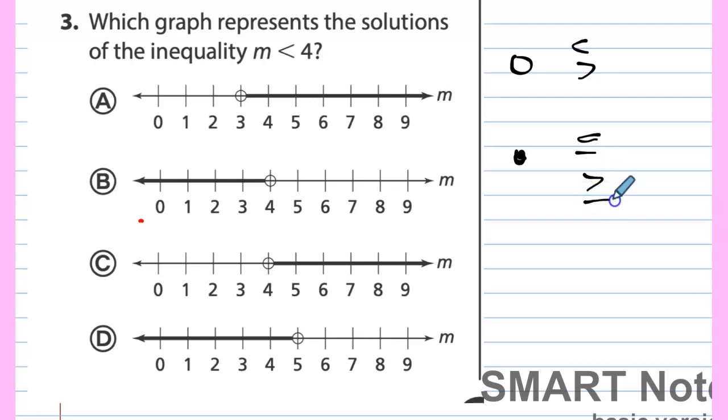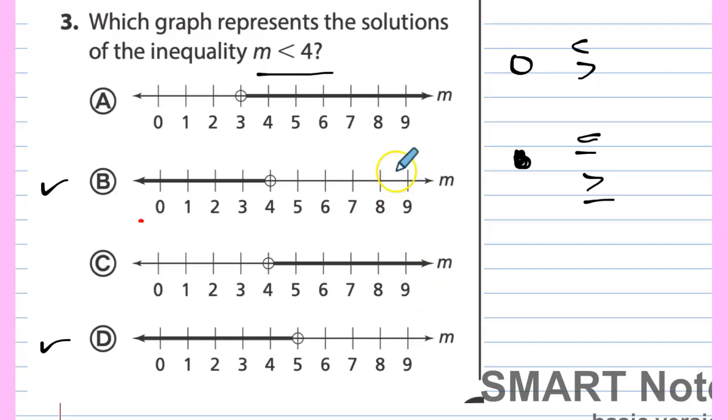If it's open, it means that number is not included in the answer, and if it's closed, it means that number, let's say for example 4, will be included as a possible solution. The easy way to look at this is that the arrow tells you to go this way. So the only possibilities we have are B and D.